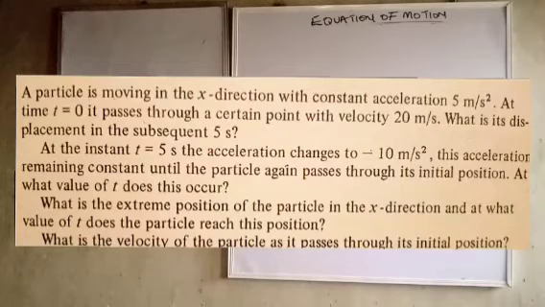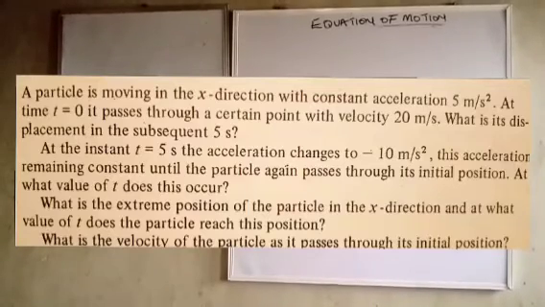A particle is moving in the x direction with constant acceleration 5 meters per second squared. At time t equals 0, it passes through a certain point with velocity 20 meters per second. What is its displacement in the subsequent 5 seconds? At the instant t equals 5 seconds, the acceleration changes to minus 10 meters per second squared.